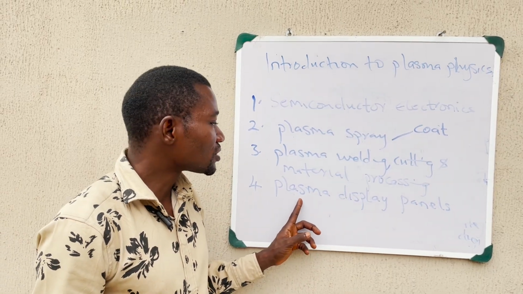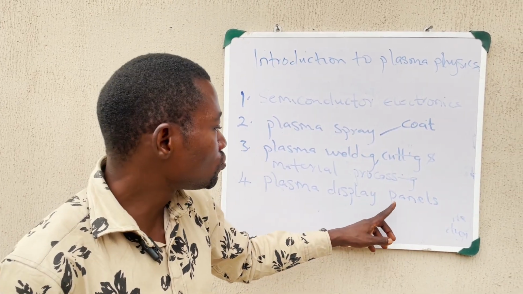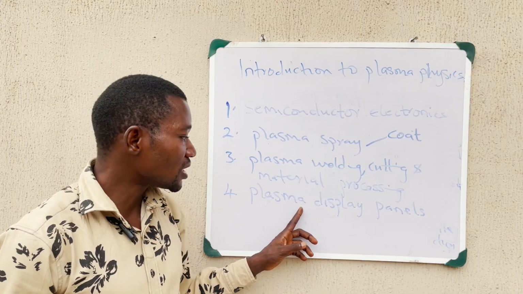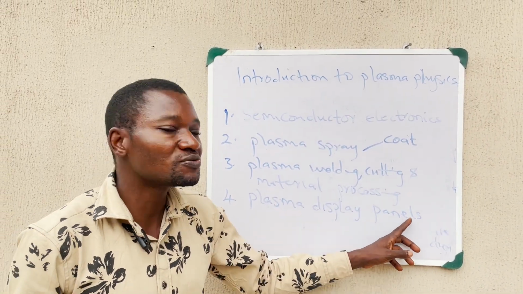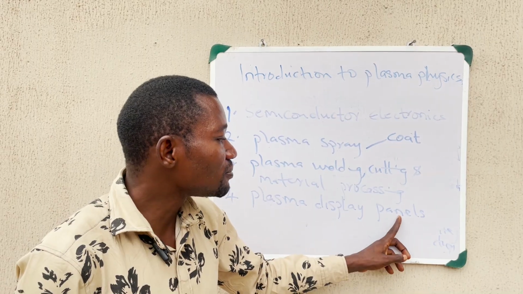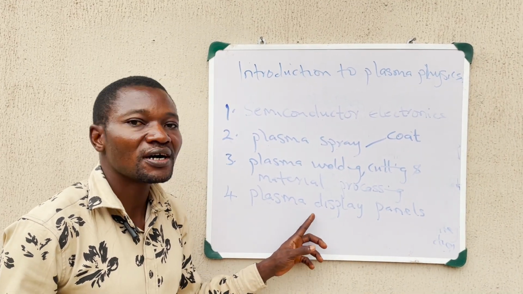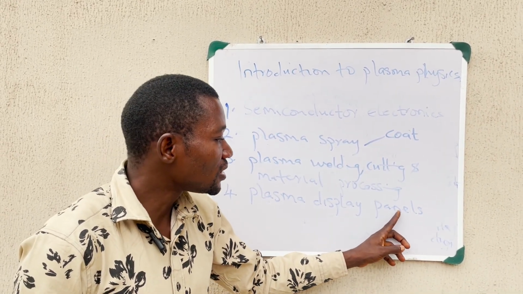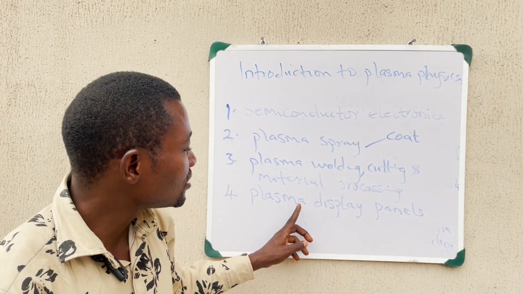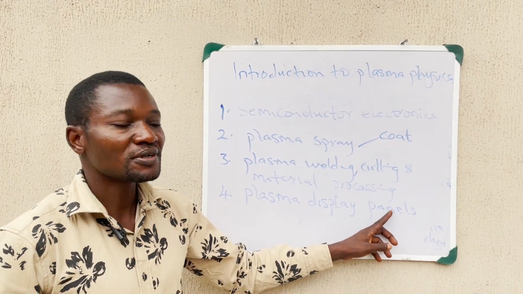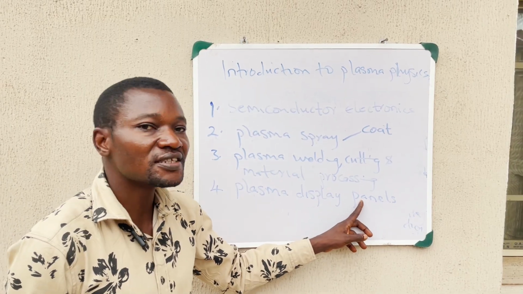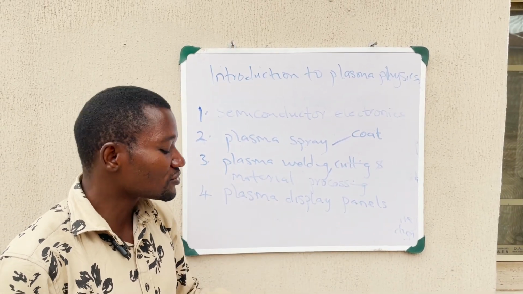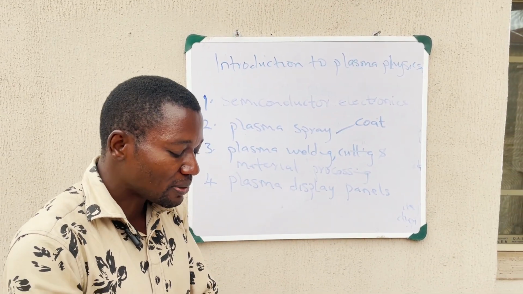Before now, we used the cathode ray tube in our television, and we all know the size and the weight. But through the use of the plasma display panel, there is great improvement in our electronics industry. We have better plasma televisions now of different shapes and sizes.